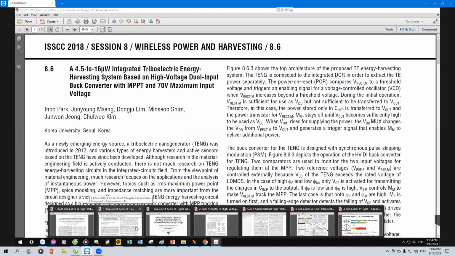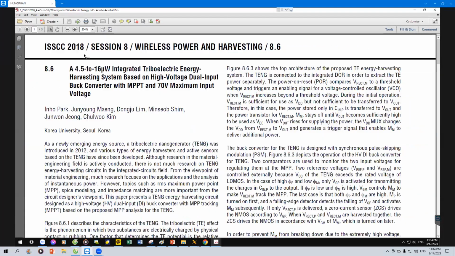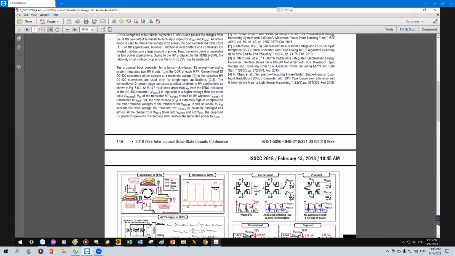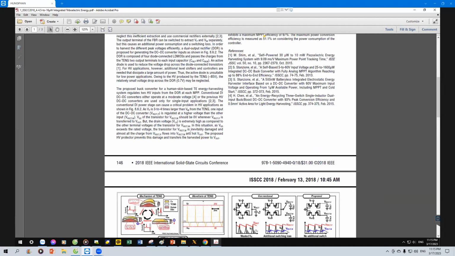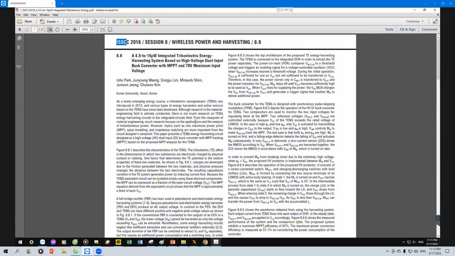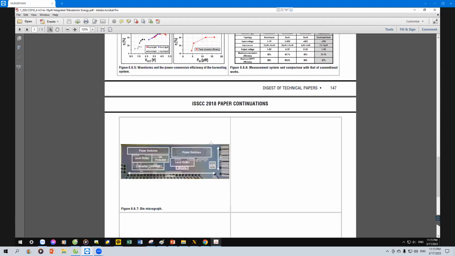For example, this ISSCC, the International Solid-State Circuits Conference, has only two or three pages: one page for text and two pages for figures.